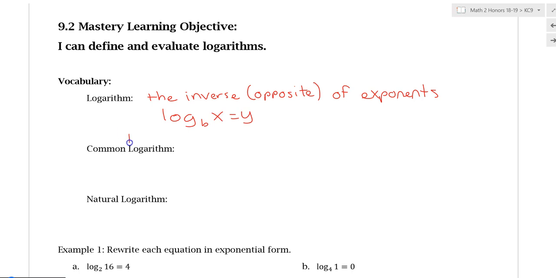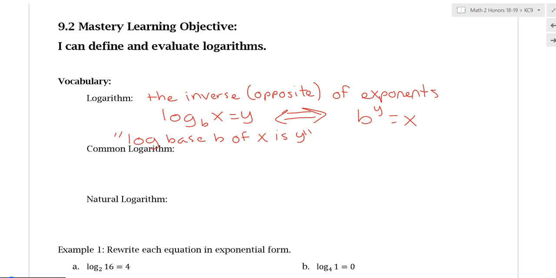We say this as log base b of x is y. And this is the opposite, or the inverse, of exponents, because this is the same as saying b to the y equals x. Okay? These two things are the same, just in different forms.